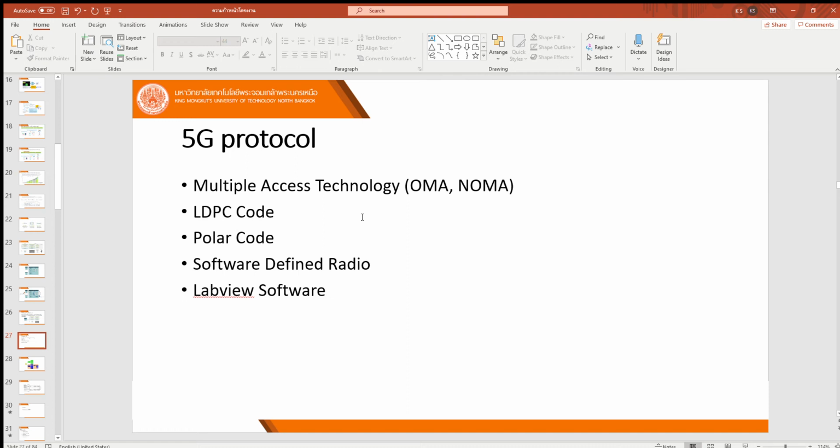And 5G makes use of LDPC codes and Polar codes. Then we will talk about how to use software-defined radio to simulate the radio part. And now we talk about LabVIEW software. The LabVIEW software will be the software to control the SDR in this case.